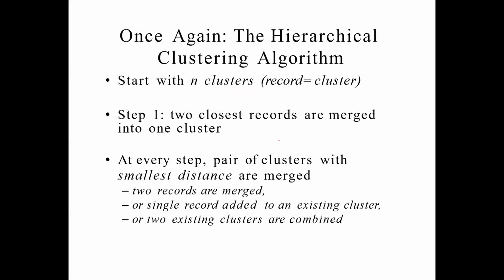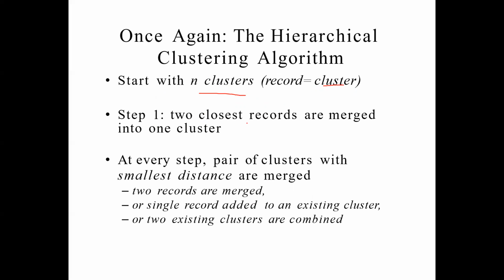So now, how does this hierarchical method work? We have already covered the different merging criteria that we can use for merging the clusters in every iteration. Here we start with n clusters, so each record belongs to one cluster. Record equals one cluster because it is the initial, first iteration.